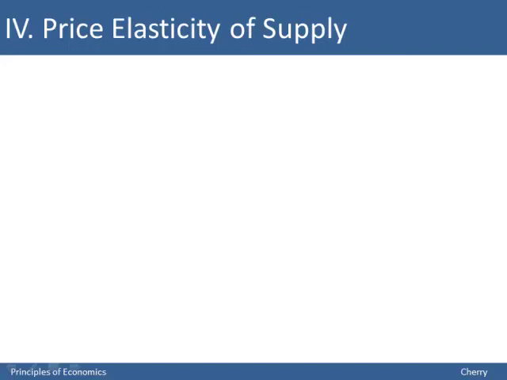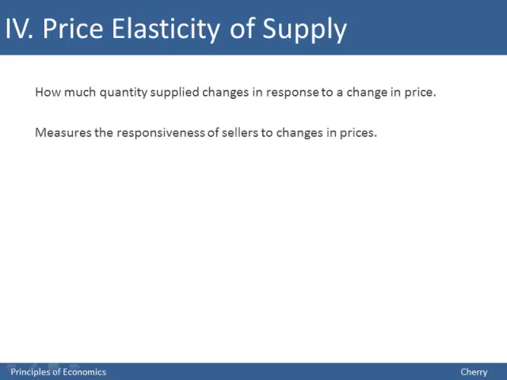All right, so let's look at price elasticity of supply. Here we're looking at how much quantity supplied changes in response to a price change. So this differs from the price elasticity of demand because we're looking at quantity supplied instead of quantity demanded. Now we're looking at the responsiveness of the sellers to a change in price. Not the responsiveness of buyers, but the responsiveness of sellers to the change in price.